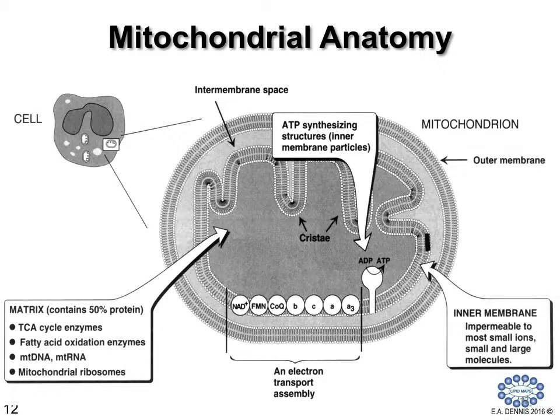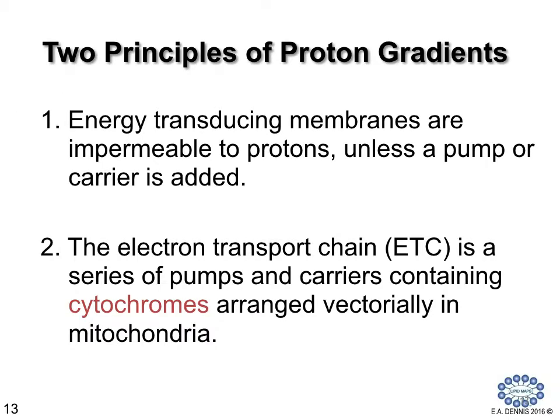And positioned in the inner mitochondrial membrane is the electron transport assembly, which is where that NAD and FMN go to interact with the complexes I introduced on the preceding slide. There's one more feature here, and that is ATP synthase, which we will be talking more explicitly about in Part B of the lecture. Let's pause here and introduce two principles of proton gradients.